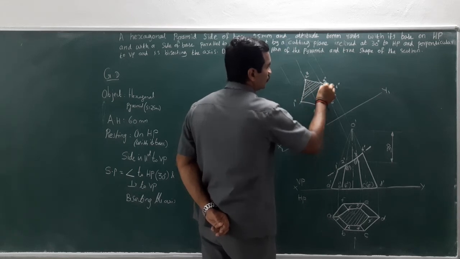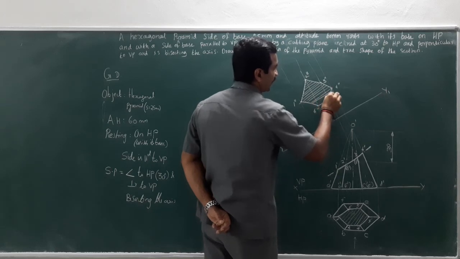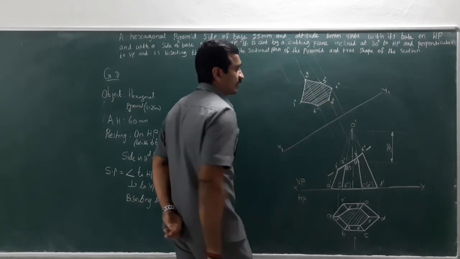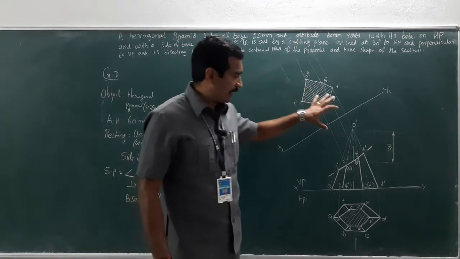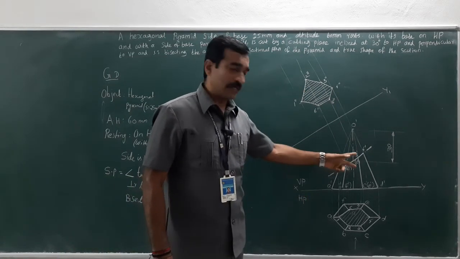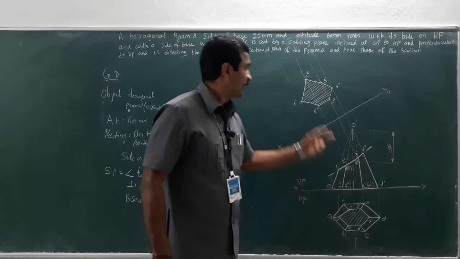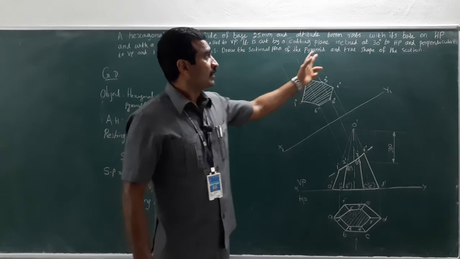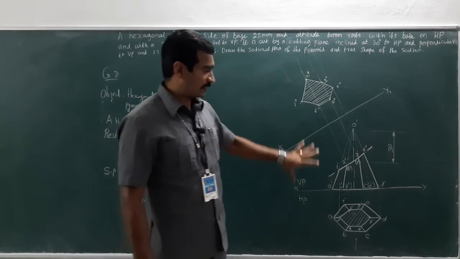So do so. Do hatching lines or section lines. So with this, I have completed all the projections. That means the sectional front view, sectional top view or sectional plan, and this is the true shape of the section. So this projection is over.